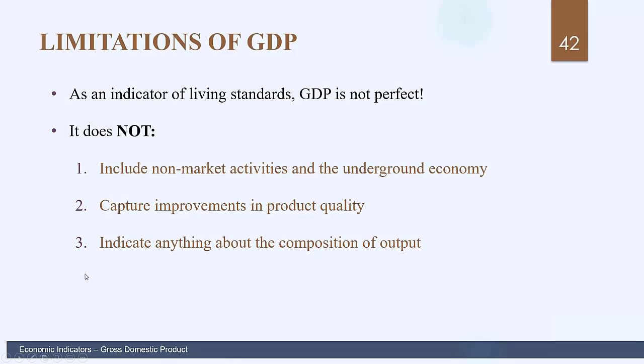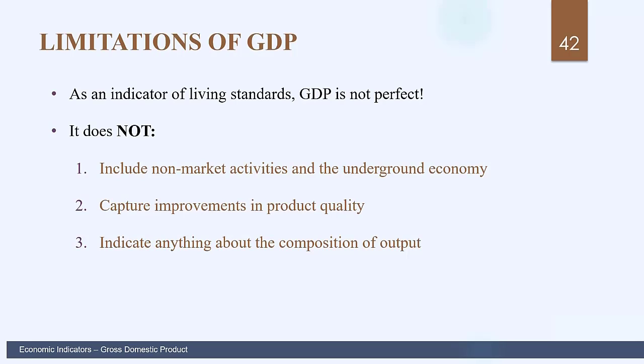As well, they don't really indicate anything about the composition of output. If, for example, real GDP was lower or higher in a particular year, it doesn't say which goods were the result of that. There are some statistical measures where we can look at different industries, but any changes in the composition of output aren't very clear in the main GDP figure.